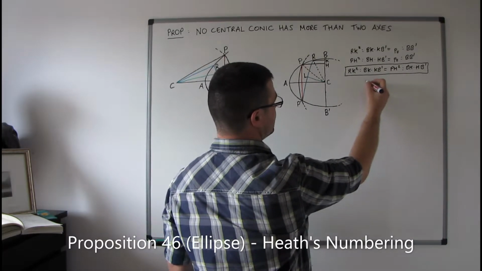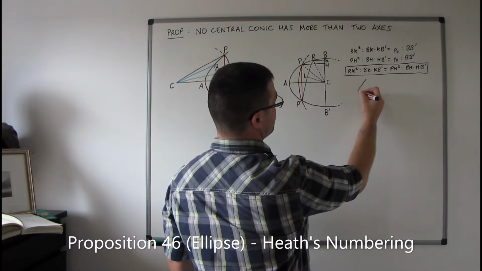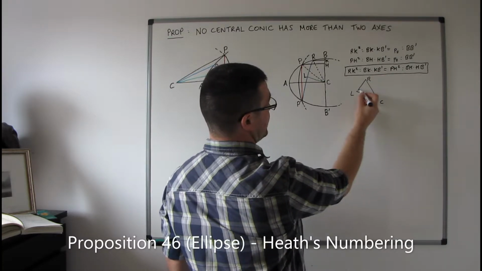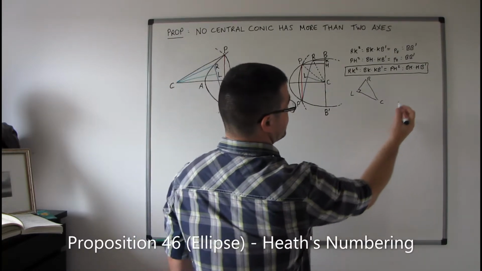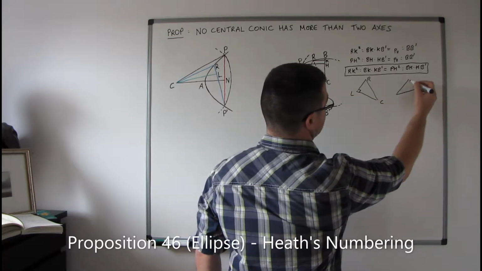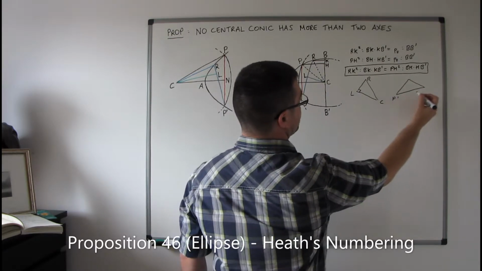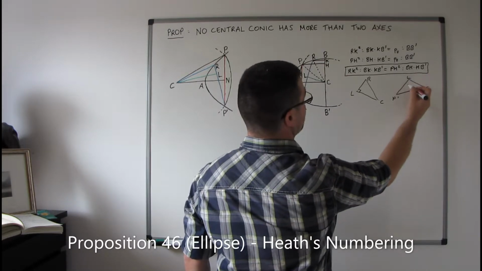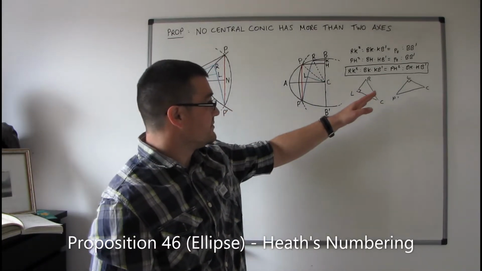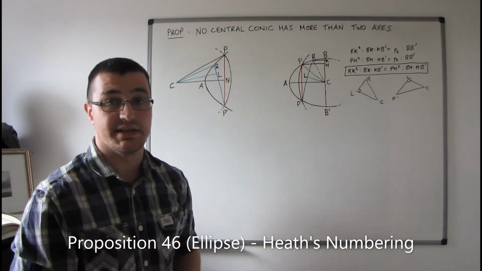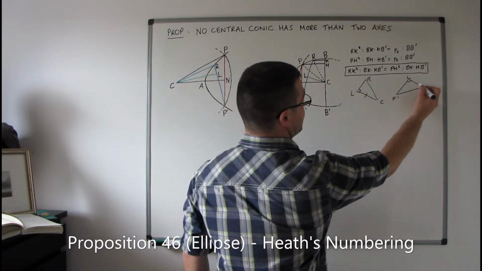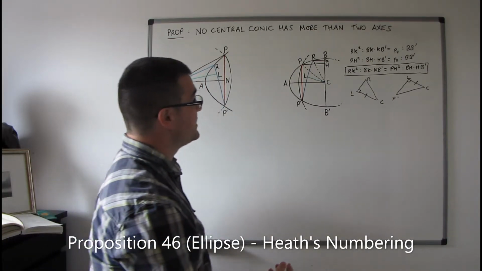So we've got the triangle CRL, and remember that's going to be 90 degrees, and we've also got the triangle P primed CL, again, that's going to be a right angle because the P primed R is bisected by CL. So LC or CL is a common side to both of these triangles.